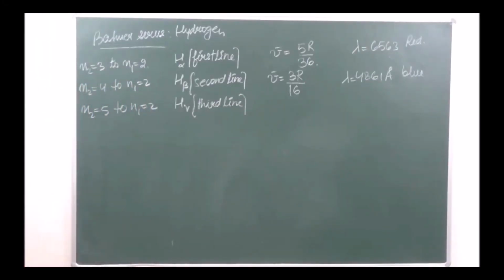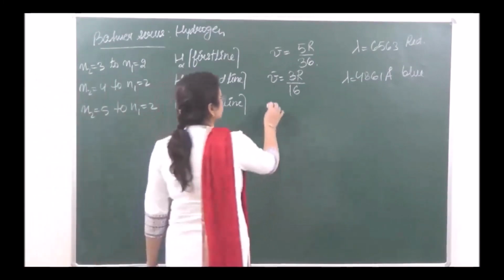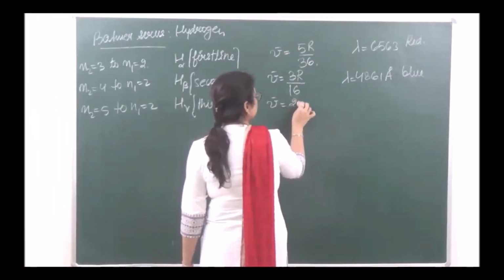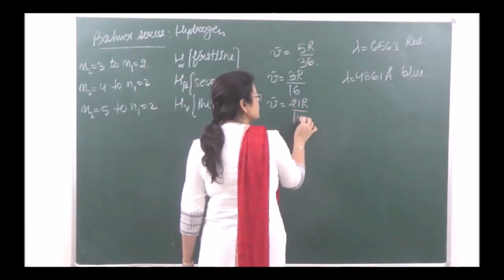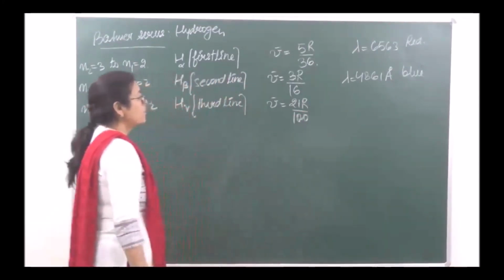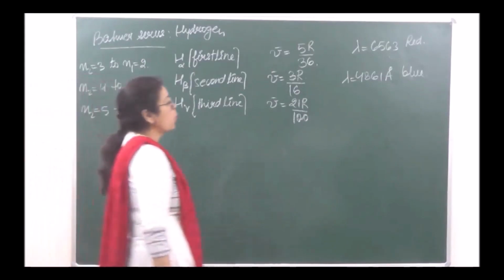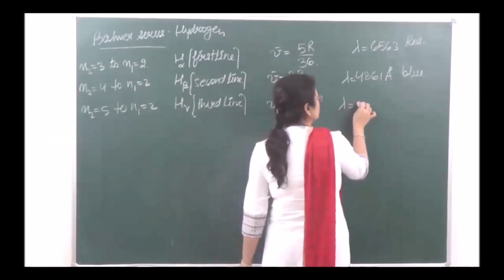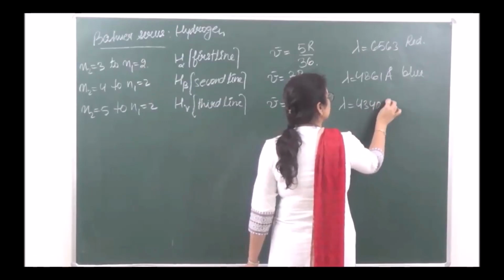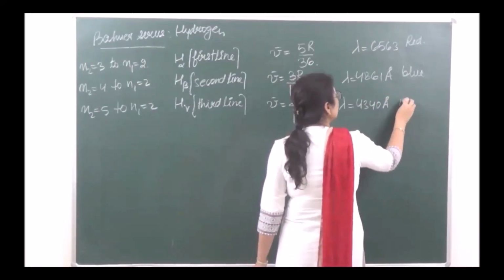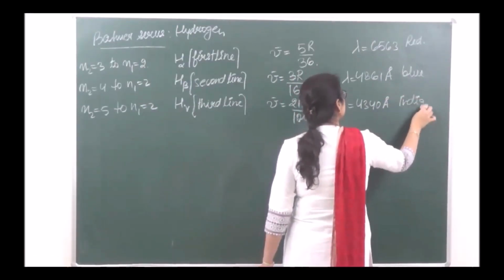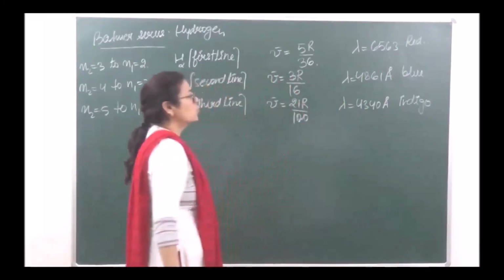This is the third line, and mu bar for this is 21R upon 100, and lambda for this transition is 4340. And the color which we observe is going to be indigo.